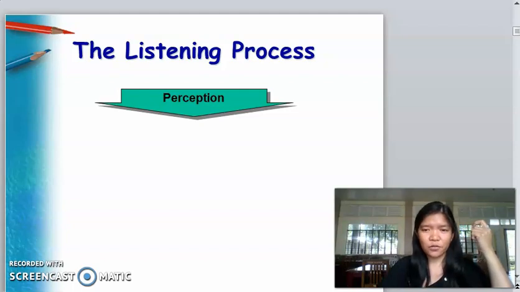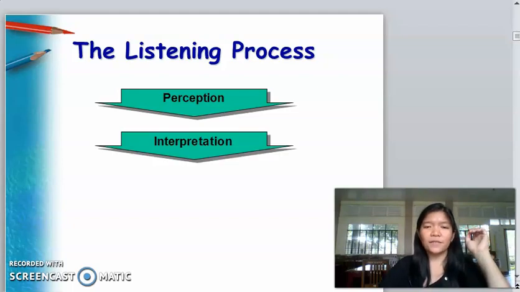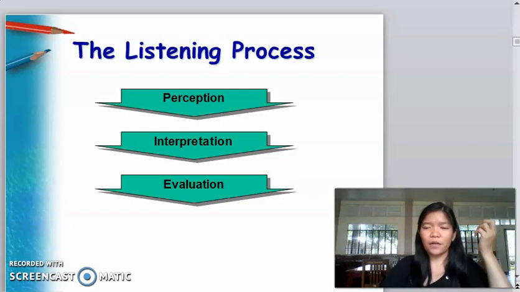So there is perception of the heard information. And then it's followed up by interpretation. Based on your experience, you're going to mix your experience with what you have heard, and that is interpretation. You're interpreting.